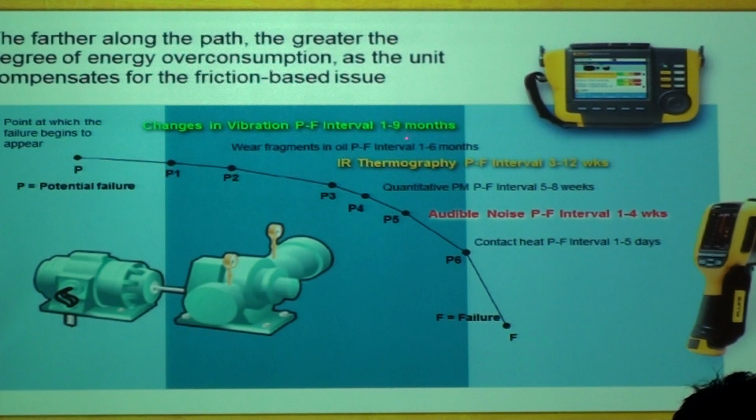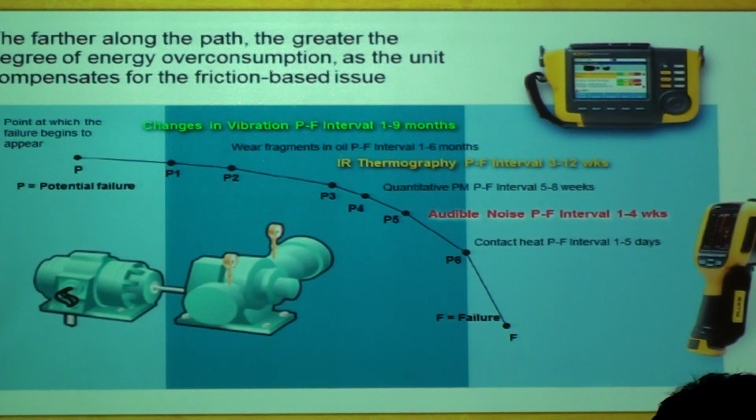And you are talking 1 to 9 months from start of problem till the fail. Thermal imaging, 3 to 12 weeks. So by the time a thermal camera picks up a hotspot, you've already lost 70% of that motor's life. It's almost towards its end, right? So changes in vibration is much better.